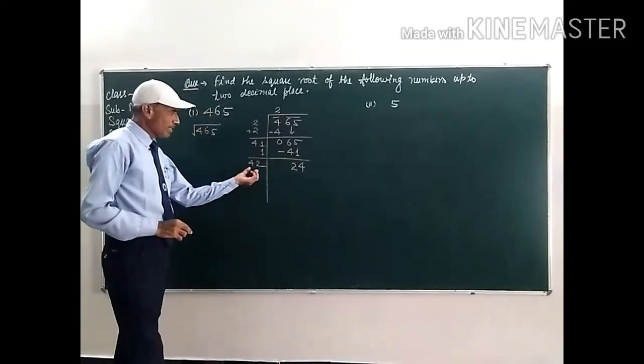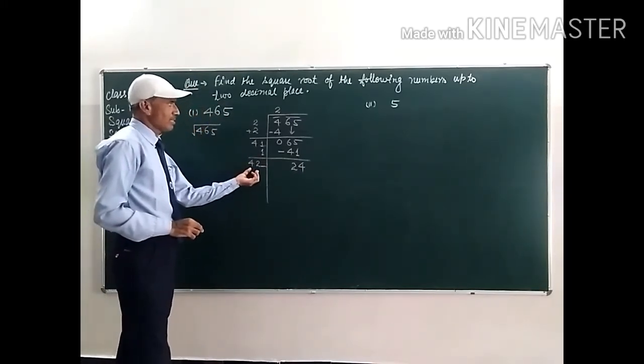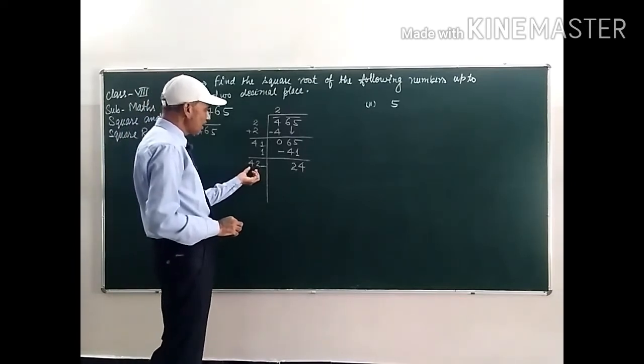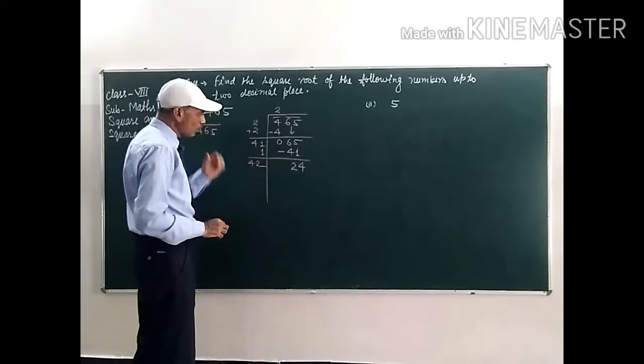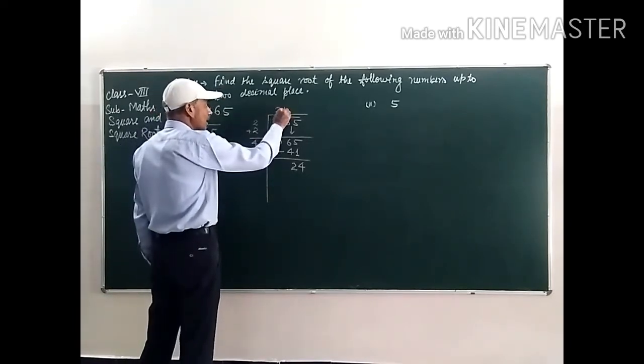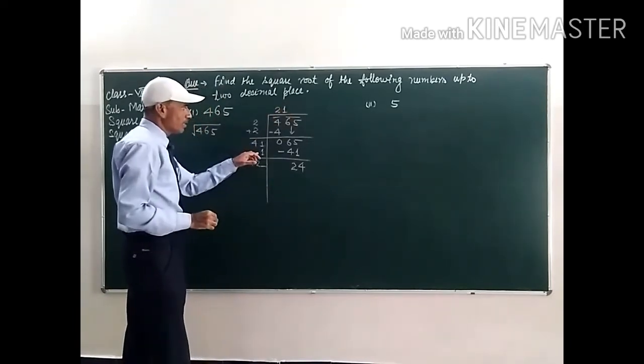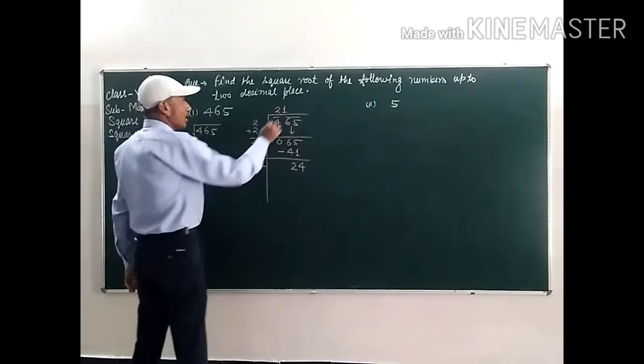The place value of this number is 420 to 429. We have not written here, first write here 1 because you have taken 1 here.